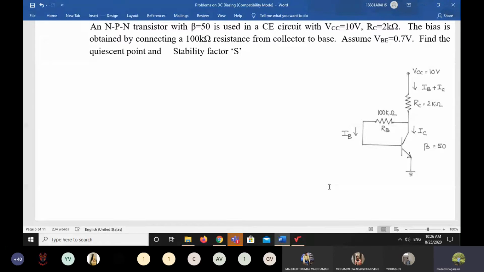Find the quiescent operating point and stability factor S. Note down the problem.